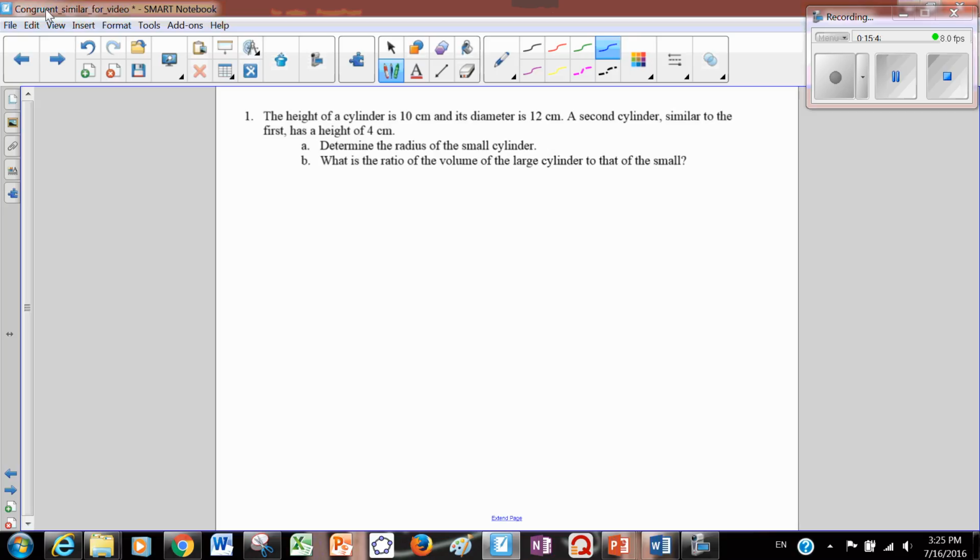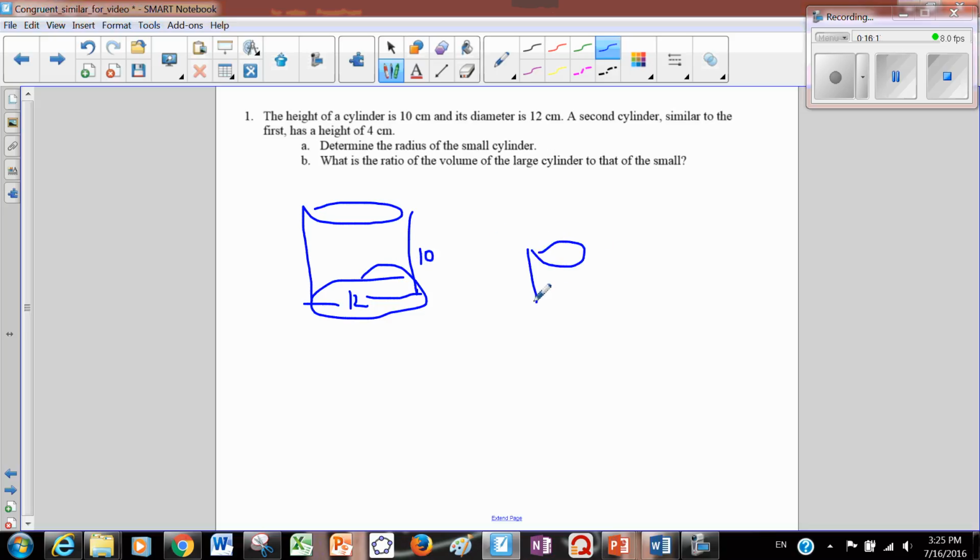So when we do a problem with this, you have the height of the cylinder. So first you should draw it. You have a cylinder that's 10 centimeters and that has a diameter of 12. Okay, so there's a diameter of 12 and a height of 10. And you have a second one that has a height of 4, so it's smaller.